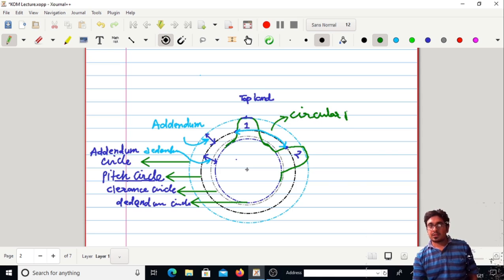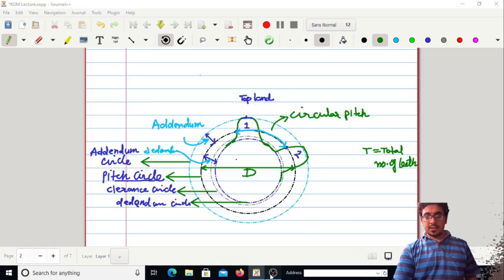This is known as the circular pitch, and let the diameter of the pitch circle, from here to here, be represented by capital D, and T represents the total number of teeth.